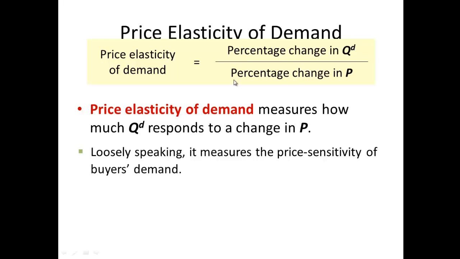Where we get the positive and negative is when we divide out the percentage change. So when we take the percentage change in quantity demanded divided by the percentage change in price, if that number is negative, then we know it's a negative direction, which means that if the price goes up, then the response will go down. There will be a decrease in response.